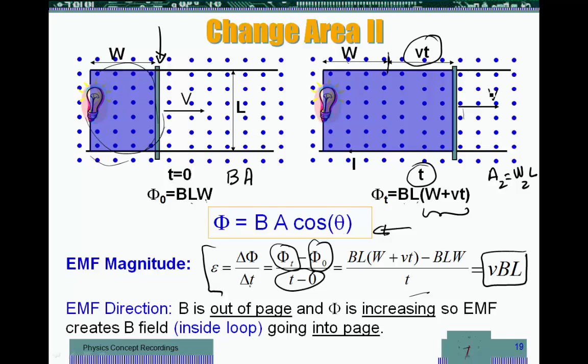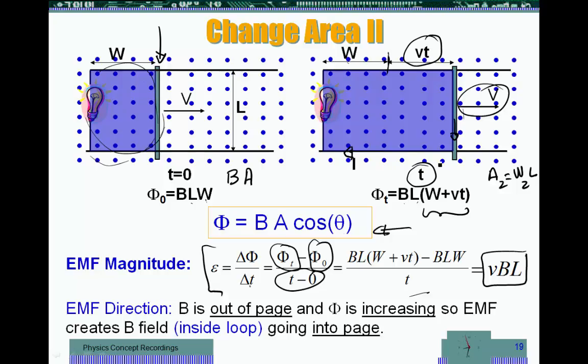We used the right-hand rule. We said the charges are moving in this direction, positive charges are moving in that direction. The magnetic field is perpendicular to the page, out of the page. So using the right-hand rule, we see the force on the positive charges pointing in this direction. So that makes the current going in this direction, which is clockwise.